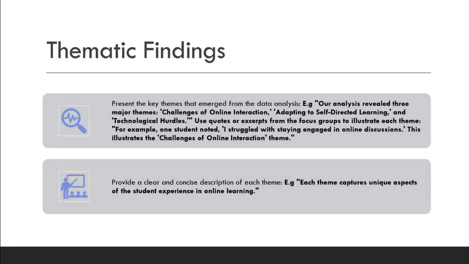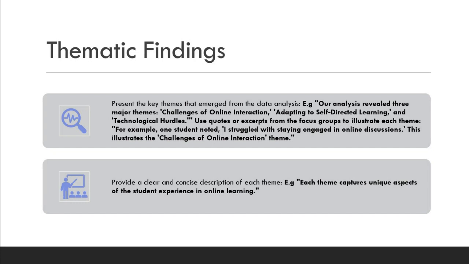And also, the use of quotes or excerpts or summaries from the focus group to illustrate each theme is also encouraged. So you would see, even if you have a certain template where it will show you where you put a theme, and then it also needs to be backed up by a quote that one of your participants actually said.